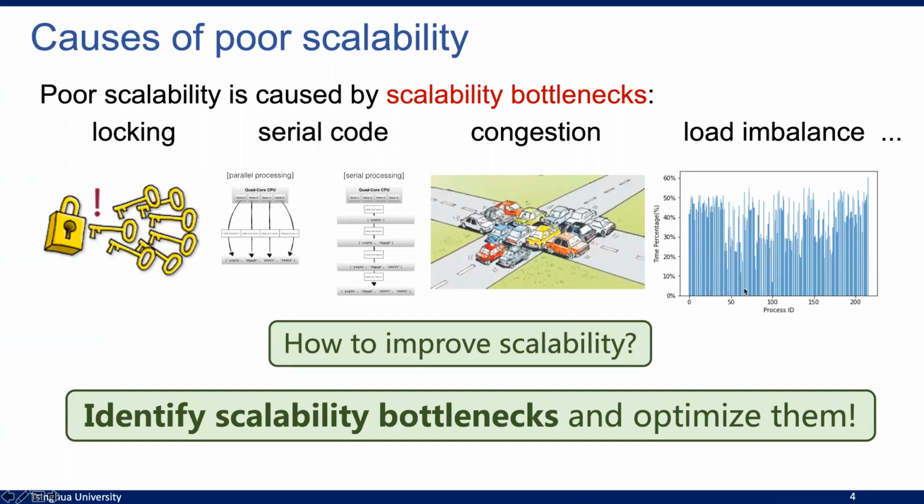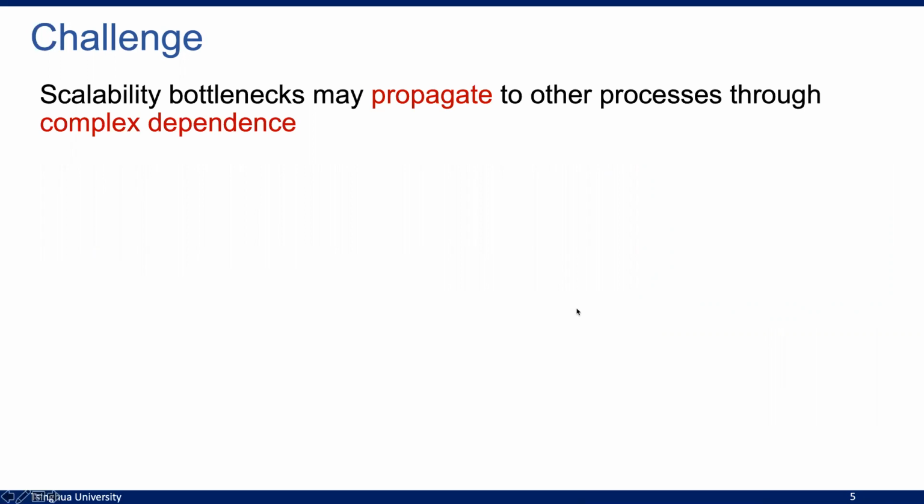We need to first identify these scalability bottlenecks and then optimize them. Actually, it is not easy to identify them. We find that scalability bottlenecks may propagate to other processes through complex dependence in the program.